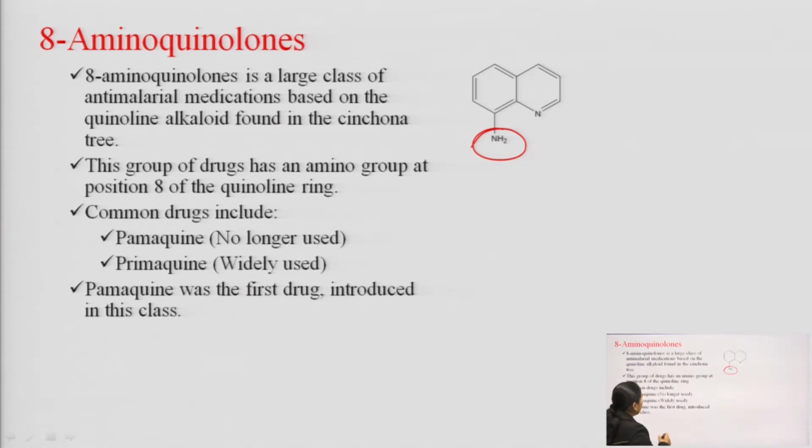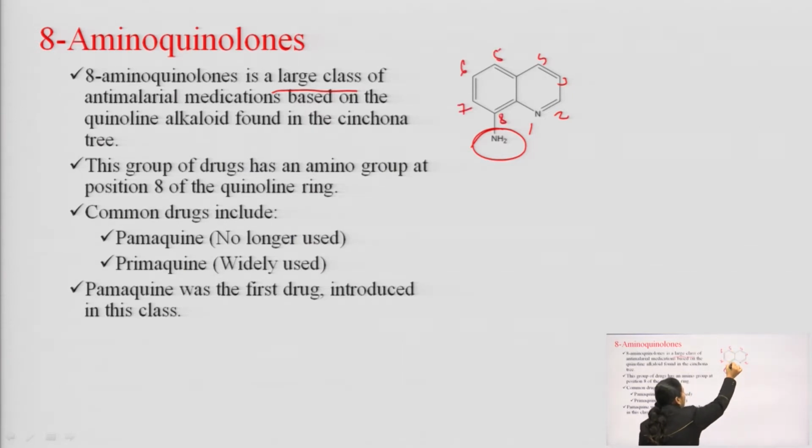8 aminoquinolines is a large class of anti-malarial medications which are based on the quinoline alkaloids found in the cinchona tree. This group of drugs has an amino group substitution at the 8th position.